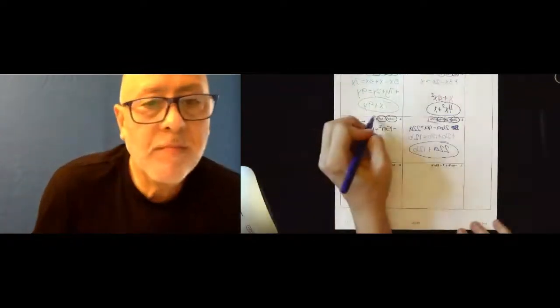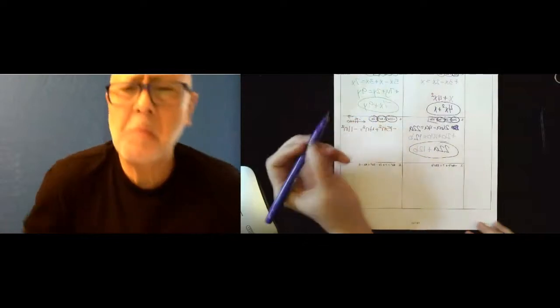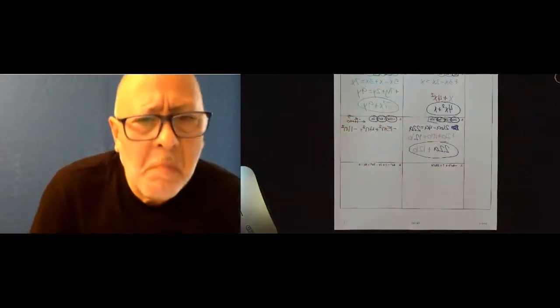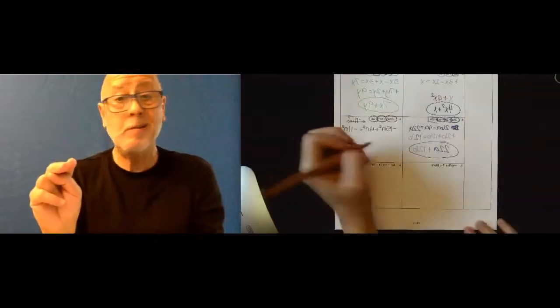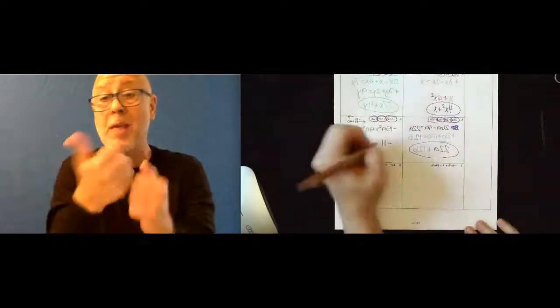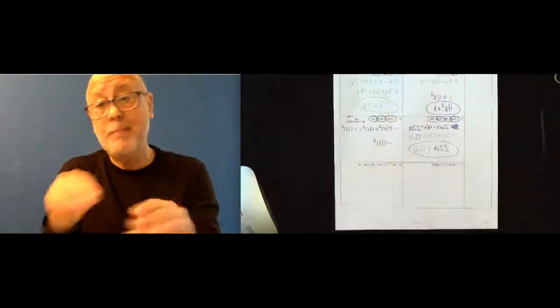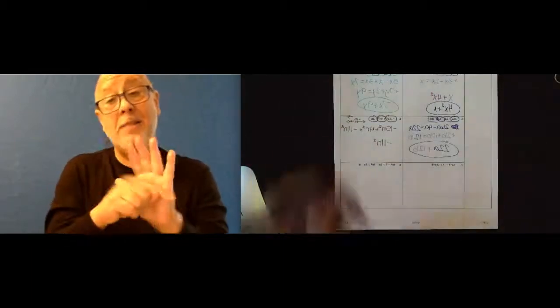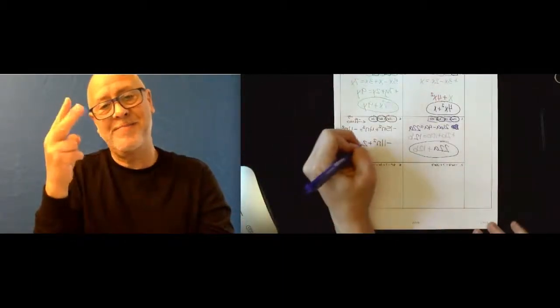Going with what's left, I just have a cute 2n all by itself, so I don't have to combine it with anything. I just get to bring it down to the answer. So my answer is negative 11n squared plus 2n.